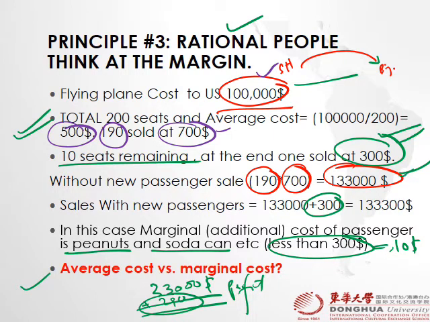Why? Because you already covered your cost and you are above your cost, $133,000. So even issuing a ticket at $300 gives you a profit of $290 if $10 is the additional cost, right?